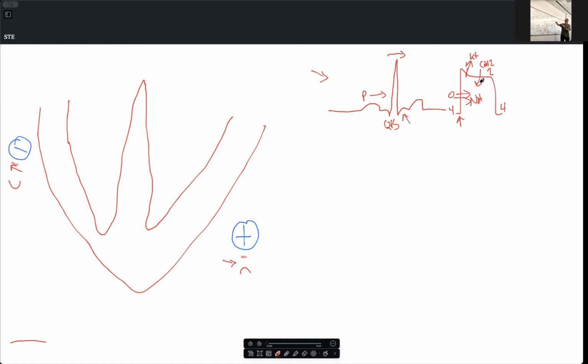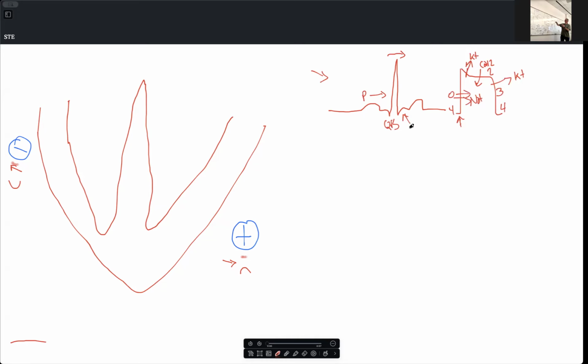And so the net flow is kind of canceled out. And that's what you get right here at the isoelectric line after the main QRS complex, right? You get this flattening here before you go into repolarization or phase 3, where lots of potassium continues to leave the cell and repolarizes it.